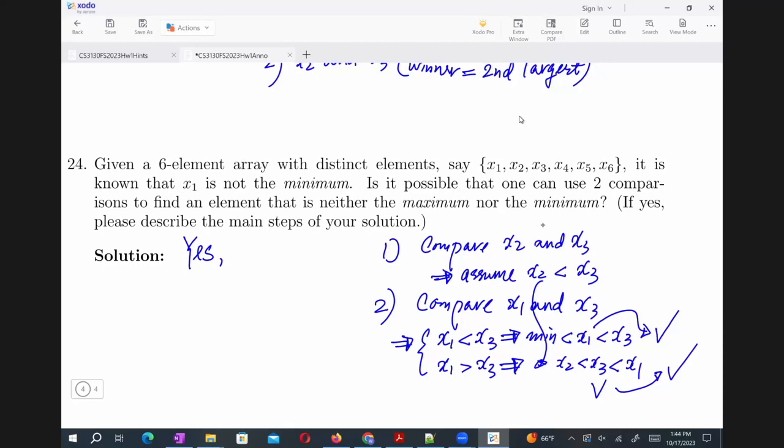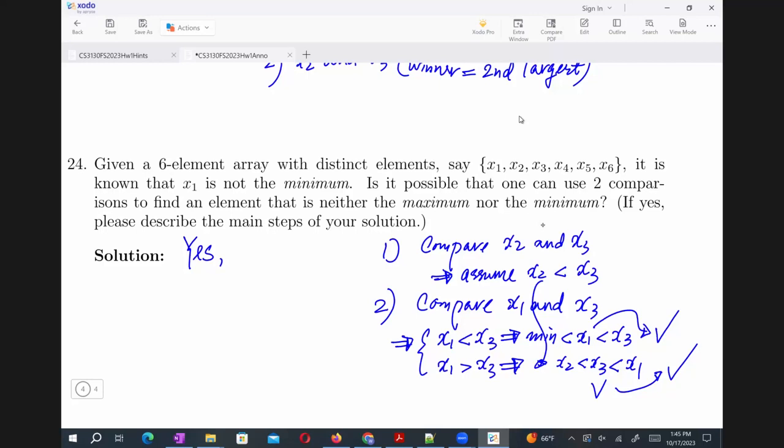How smart it is. Okay? This way. This is the smart solution. This is the hardest question in this assignment. But not too hard.